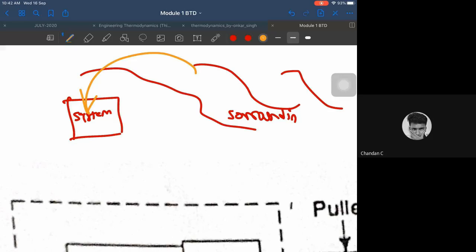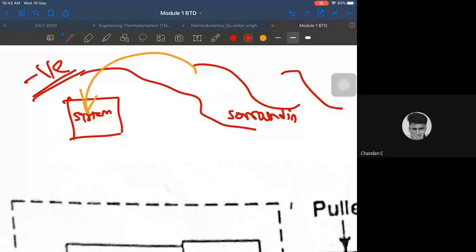So you are inputting the work into the system. That means work is done on the system, then it is negative. So if work is done by the system, you are extracting work out of the system, then it is positive. But if you are working on the system, that means you are inputting work to the system, then it is negative.